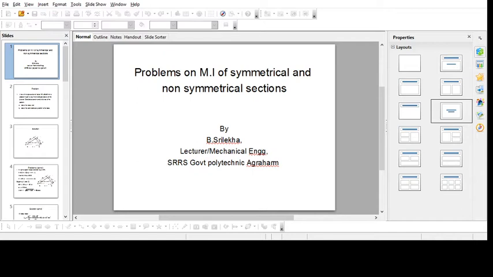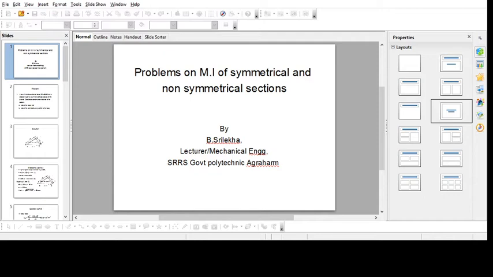For this we made use of the formula: x bar is equal to a1x1 plus a2x2 and so on till anxn by a1 plus a2 plus so on till an, which is nothing but moment of areas about the y axis by the sum of the areas of the sections.